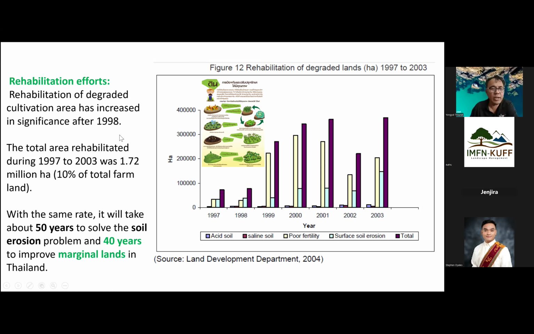This would take, problem, and almost 40 years for the marginal land.